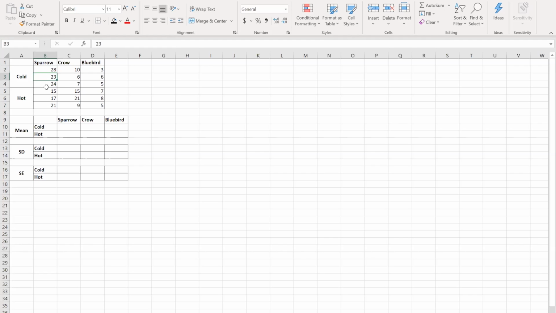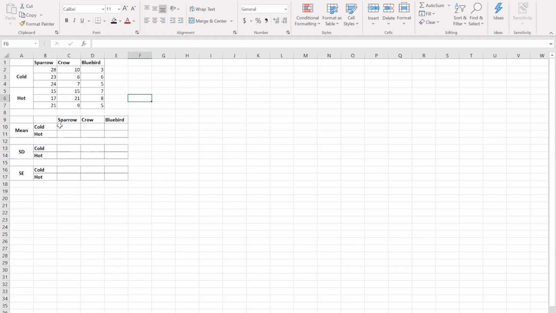We have whole numbers. They are discrete because they are not continuous. We can't have infinite values between 15 and 16. So yeah, we have nominal or categorical and discrete data. We have 2 explanatory categories for the number of birds we've seen.